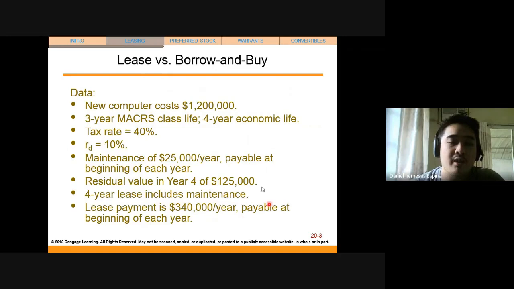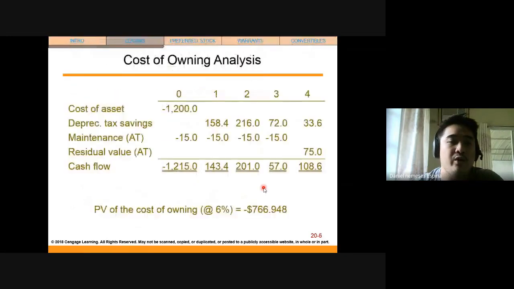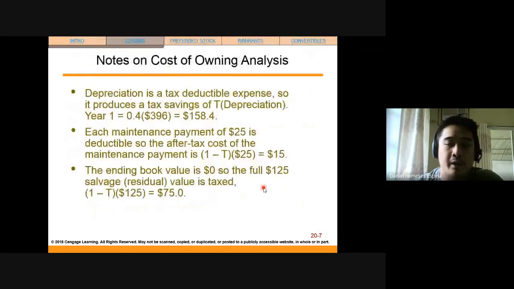However, among the data given here, the least certain, or the one that can change, is the residual value. Because as we know, market value or fair value depends on demand and supply. So among all the data given here, it is the residual value that is probably uncertain.